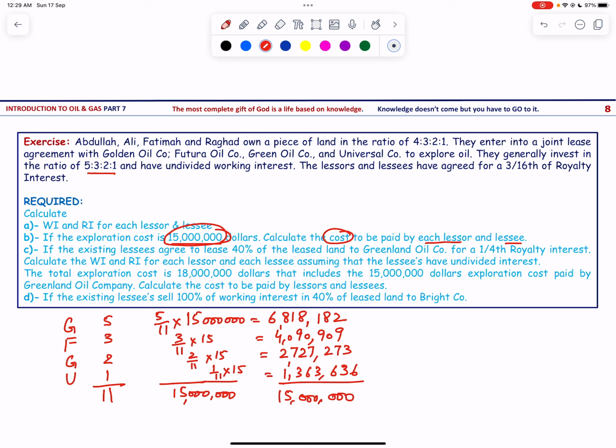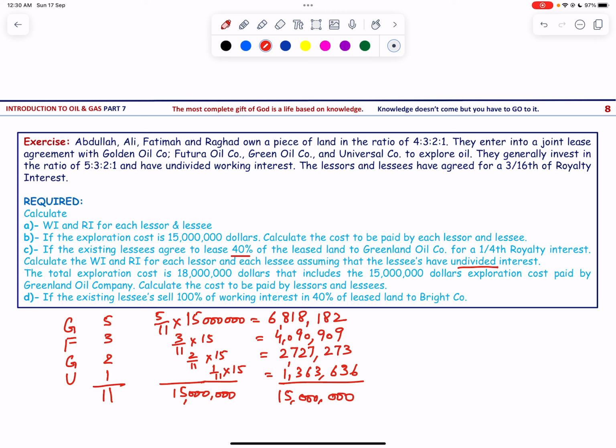Okay, now we move on to part C. If the existing lessees agree to lease 40% of the leased land to Green Oil Company for a 1/4 royalty interest, we have to calculate the working interest and royalty interest for each lessor and each lessee, assuming that the lessees have undivided interest.